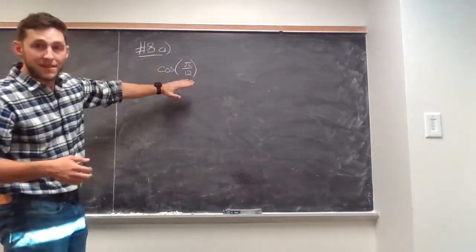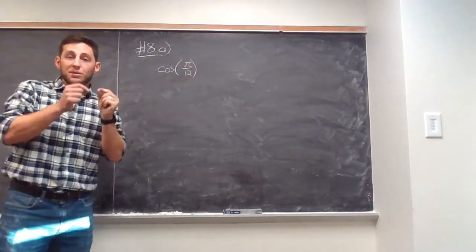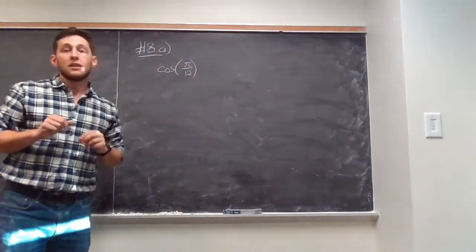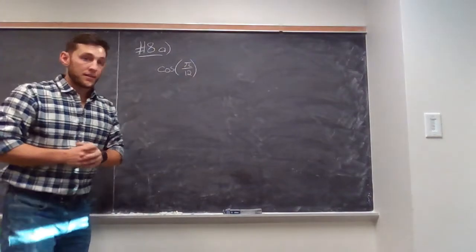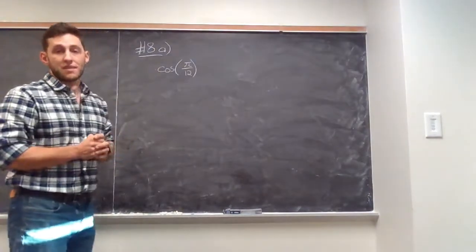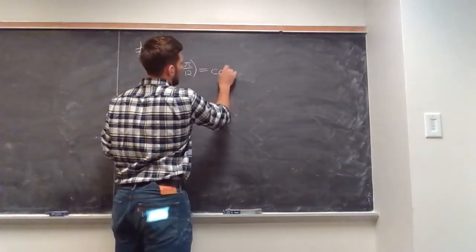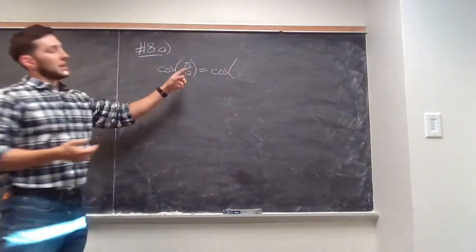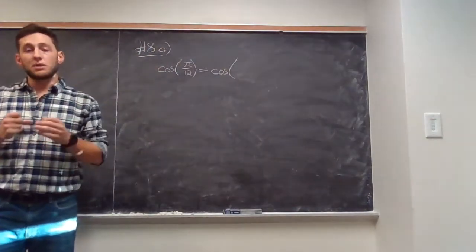What you need to do is to figure out a way to write pi over 12 as either two nice angles added together or two nice angles subtracted from each other. So with that in mind, we have to start figuring out what we can maybe go for. When I'm looking at pi over 12, the thing I'm trying to think of is what numbers play nicely with 12.